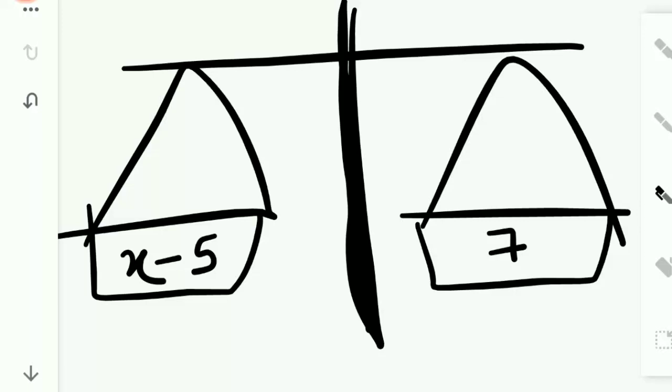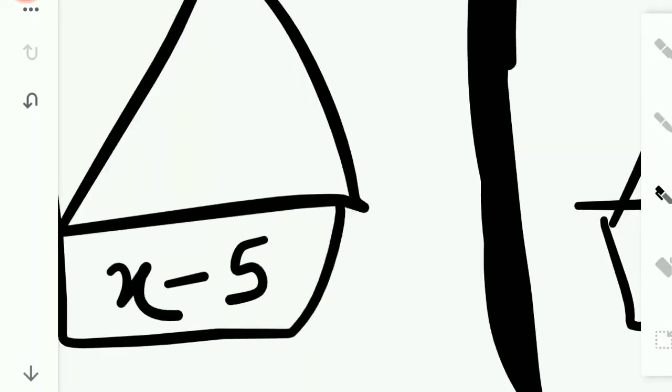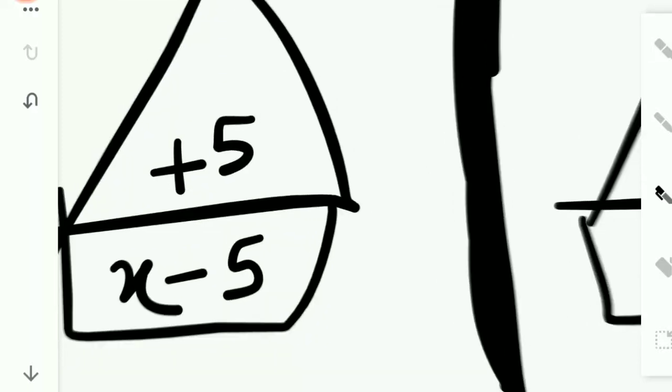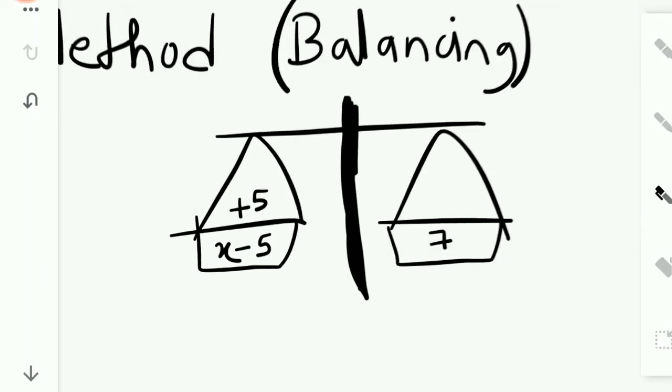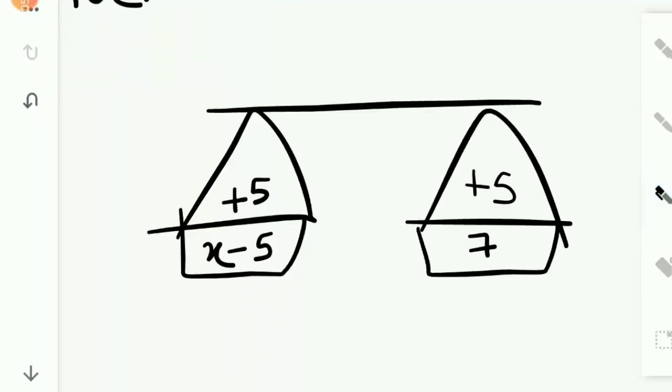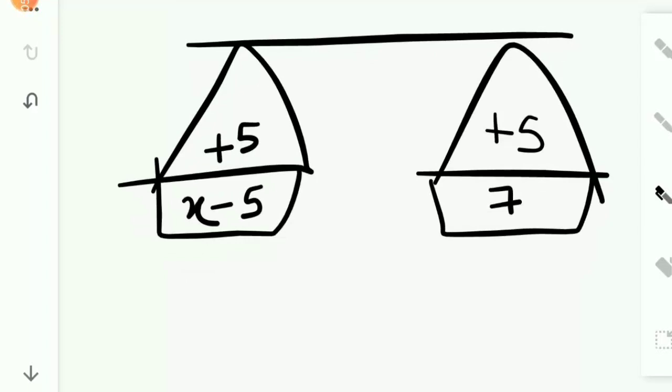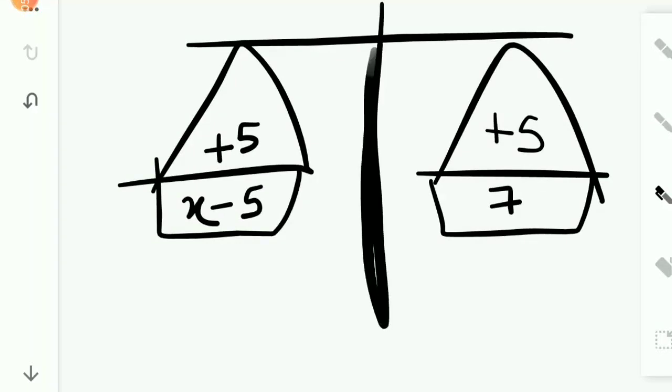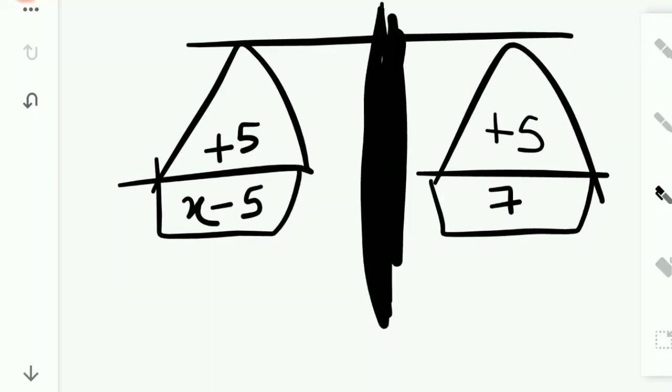If I add 5 to x, what will happen? The balance will go off. This side will be heavier because I have added 5 here. So to make this balanced again, I'll have to add 5 here as well. Adding 5 here, and adding 5 here.